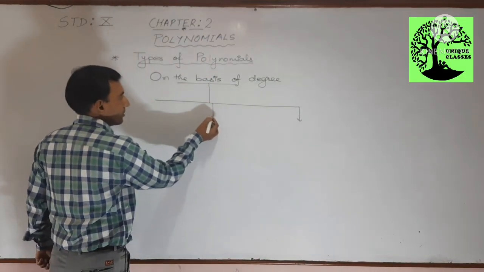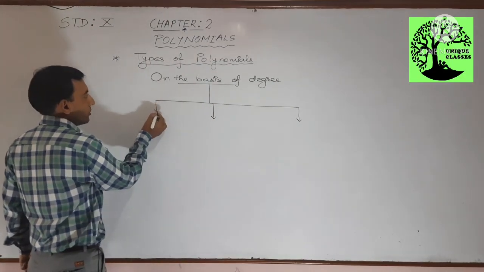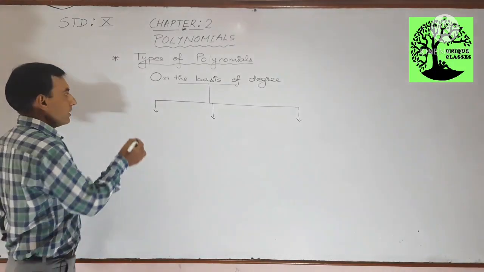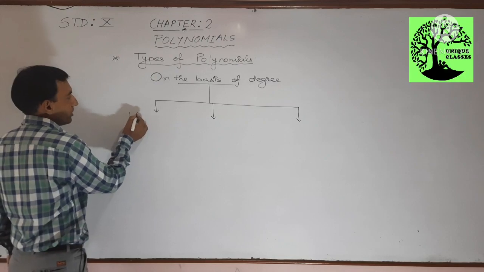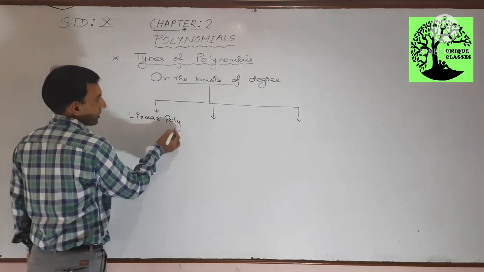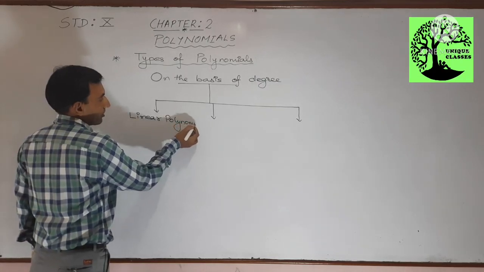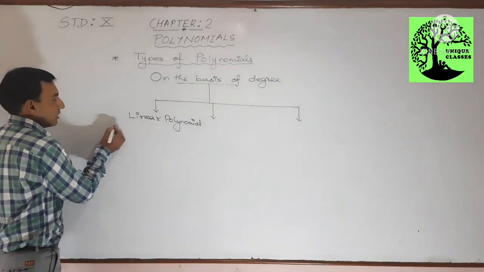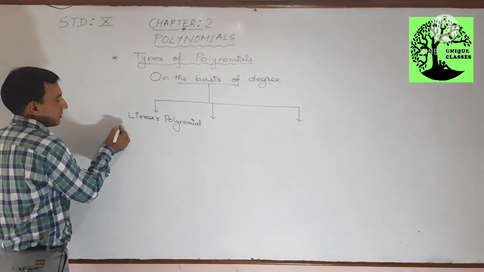So, one by one I am going to teach you which are these 3 types of polynomials based on the degree. First one is linear polynomial. Yes, linear polynomial. So, what is linear polynomial?